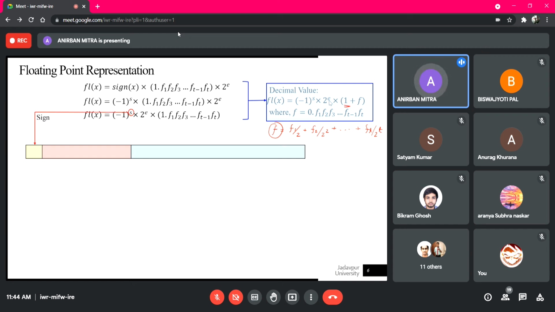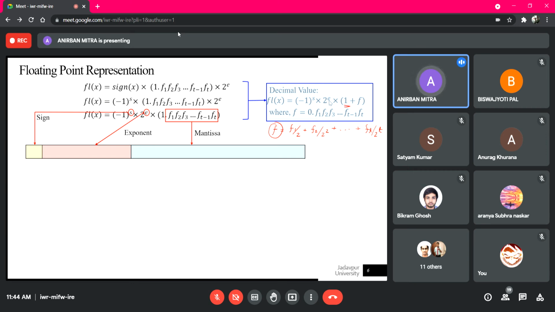It requires a single bit. Then comes the exponent, which is going to be stored in this red box over here. One thing to be very clear about here is that this sign is not the sign of the exponent. The sign belongs to the mantissa.